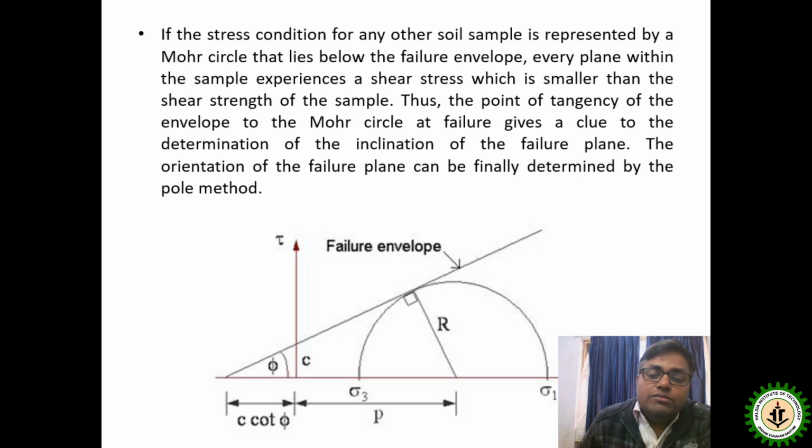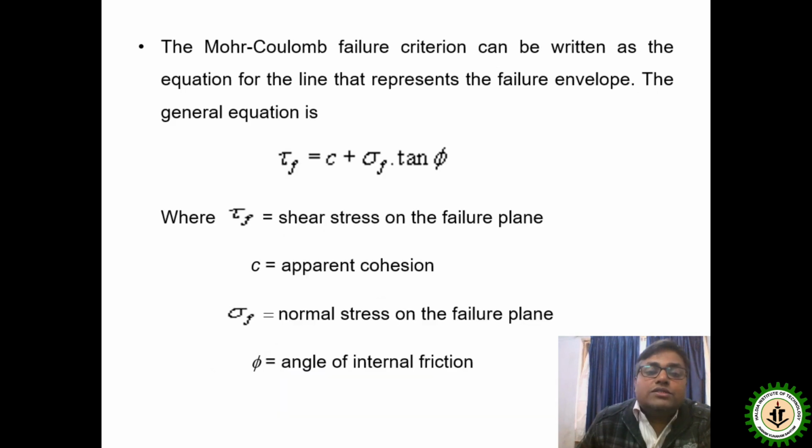From this diagram, the Mohr-Coulomb failure envelope or criterion can be written in this form: tau f is equal to c plus sigma f tan phi.